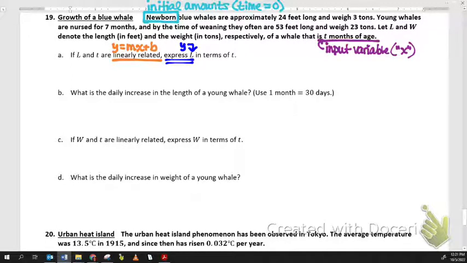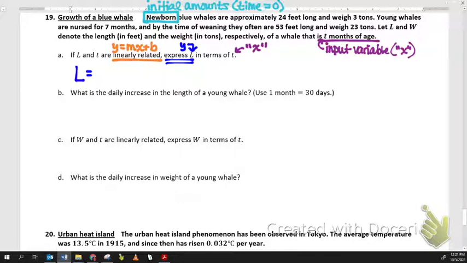If I'm expressing it in terms of T, then T is going to be my X value here, my input, my independent variable. All right, so some things that I know about this situation. I know I'm going to write an L equals equation. I'm going to need the slope, and I'm going to need the y-intercept.